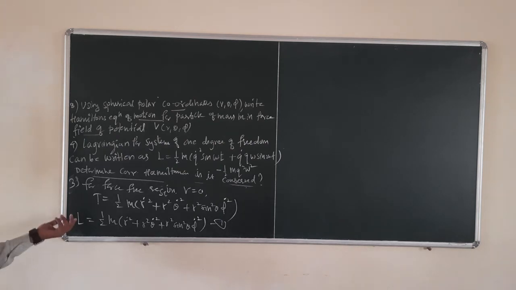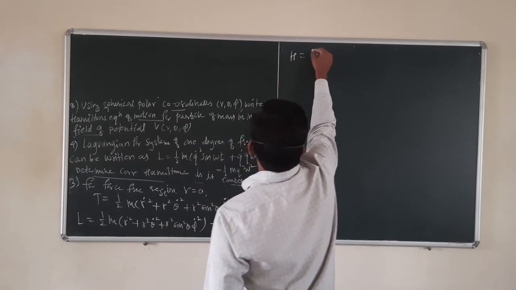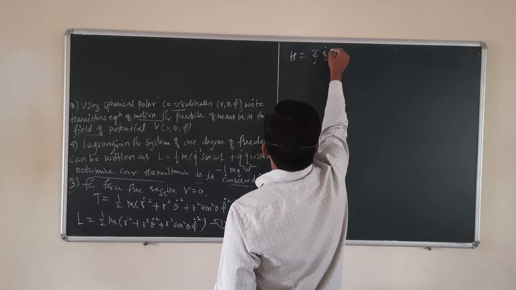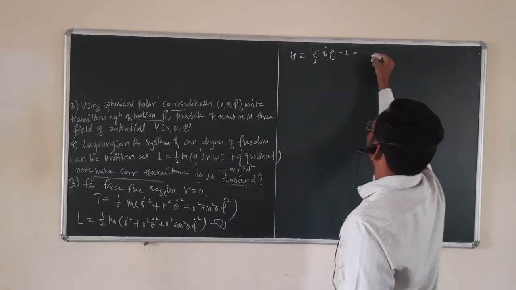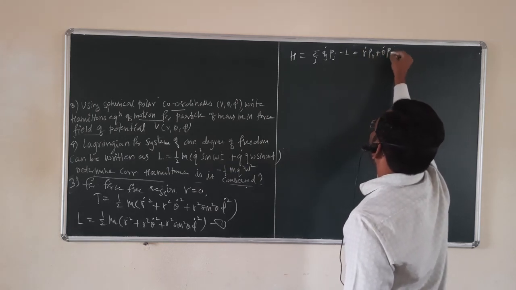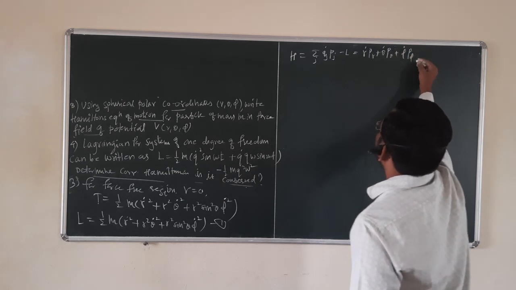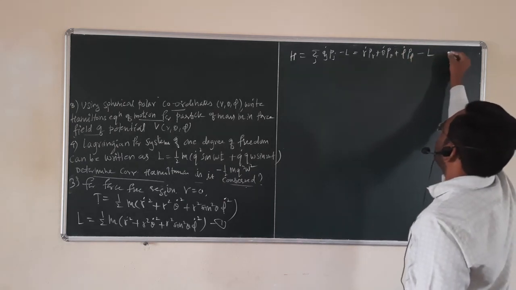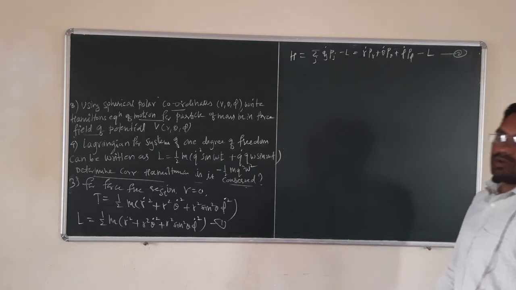Now corresponding to this Lagrangian, the corresponding Hamiltonian is H equal to summation over j of qj dot pj minus L, and that is equal to r dot Pr plus theta dot P theta plus phi dot P phi, minus L. So this is the corresponding Hamiltonian.